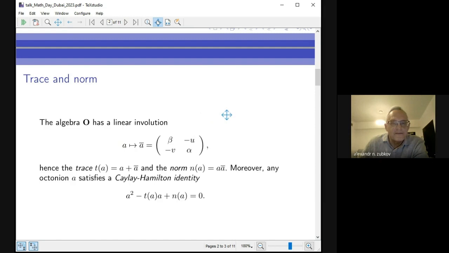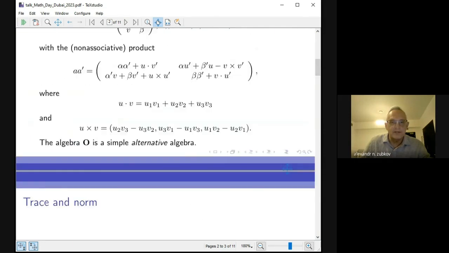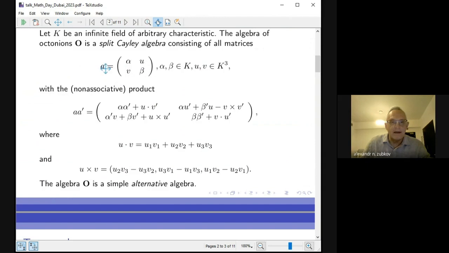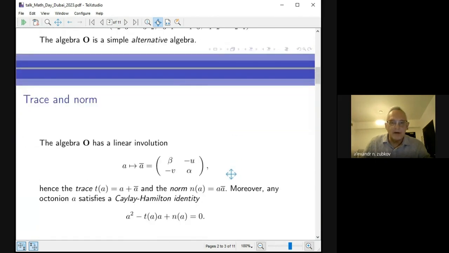First of all, we can define on this algebra of octonions a linear involution by the following formula. A can be mapped to A bar. A has coordinates, entries alpha, beta, u, v, where alpha and beta are scalars.